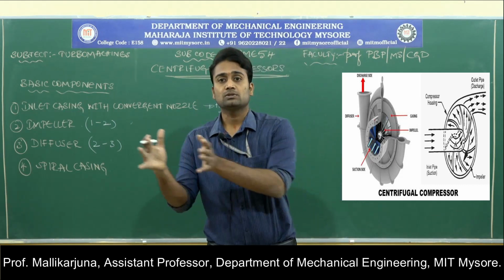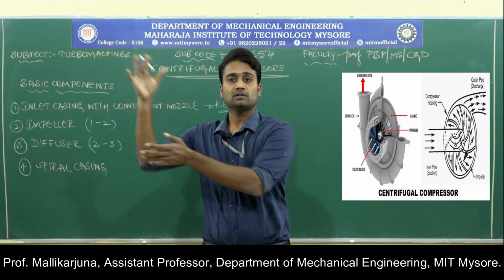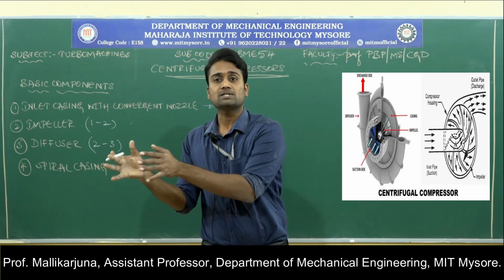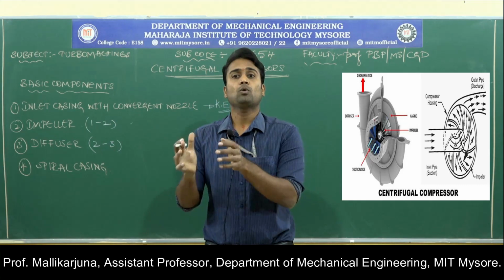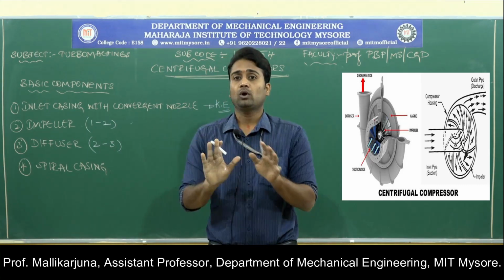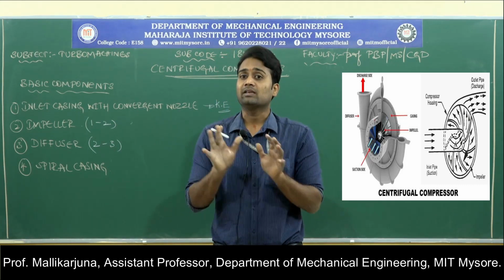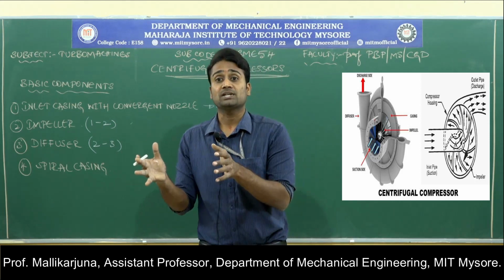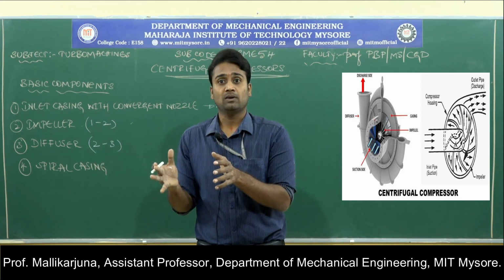The fluid which is going towards the storing device, the fluid which is exiting the compressor, is carrying a certain amount of kinetic energy, but I do not need kinetic energy at the exit. I need compressed energy, high pressure.